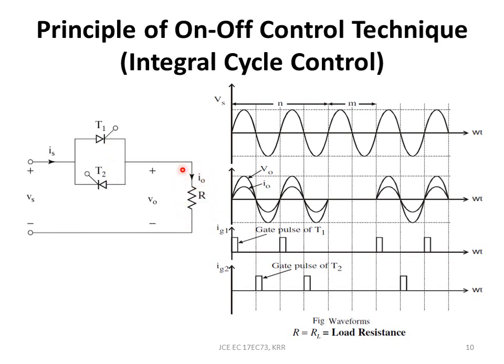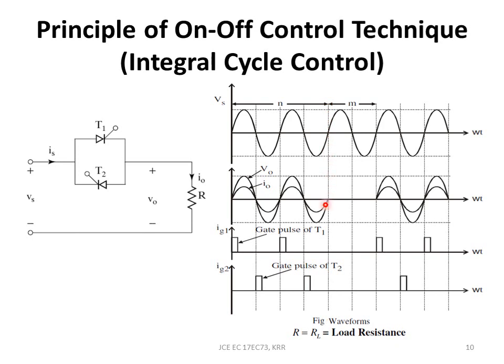And let us see how I can control the AC at the output using on-off. What we are going to do is keep it on for some time and off for some time. Here, n is the duration of time for which I have made it on.